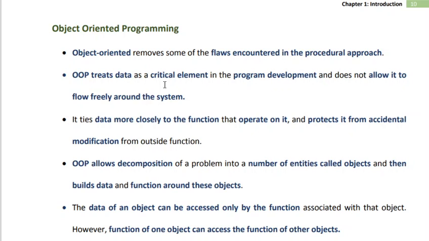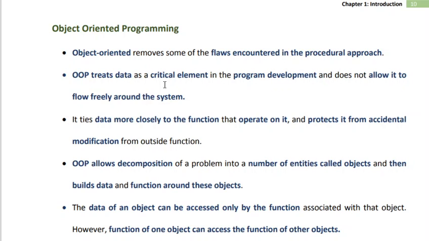Object-oriented programming treats data as a critical element in program development and does not allow it to freely move around in the system. In the object-oriented paradigm, emphasis is given more on the data rather than on function. By data here, we basically mean the entities, because data is a representation of the entities, and entities will be a representation for the object.